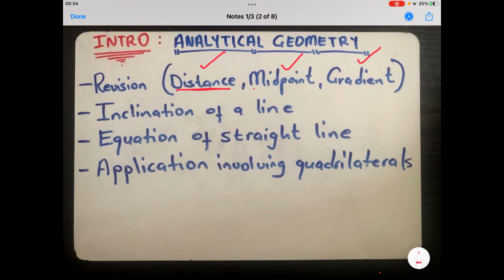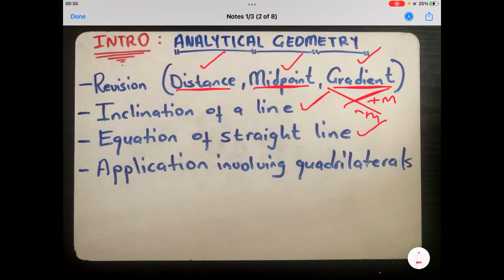With regards to the gradient, we know for those type of lines, we've got positive gradients, and for this type of lines, we've got negative gradients, and we also discussed regarding parallel lines and perpendicular lines. Inclination of a line, yes, we have discussed that. Equation of a straight line, yes, we also discussed that.